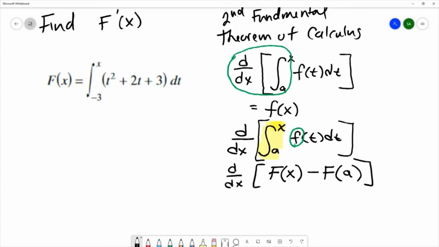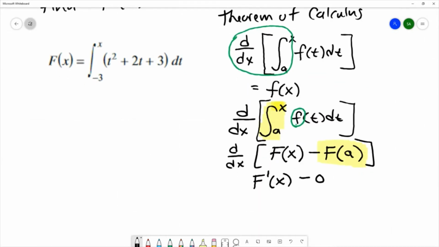So then when you're calculating the derivative, you would be doing F prime of x and F prime at a, well, no, that's not exactly right. This portion, F of a, has no variables in it. So you're taking the derivative of a constant, and the derivative of a constant will be 0. And so then you have capital F prime of x.